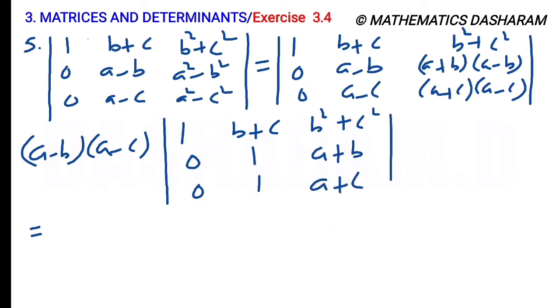So now expand along the first column, and here two elements are zeros, so only one element, that is 1.